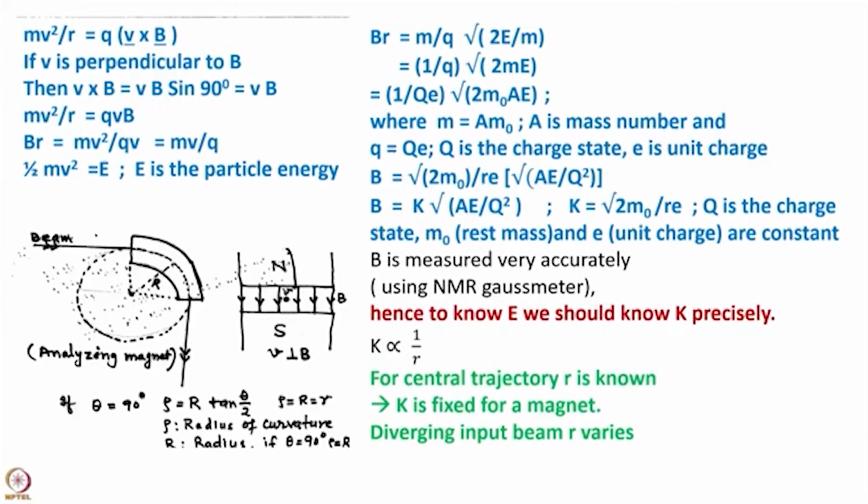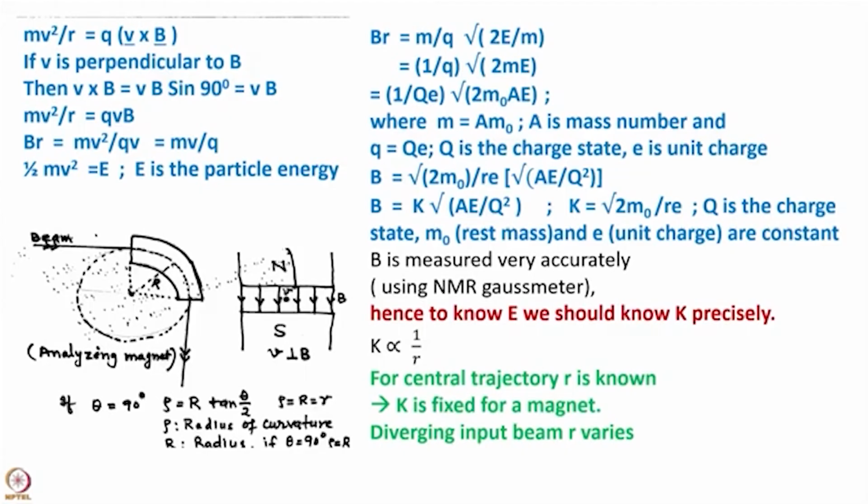So for any accelerator, the magnetic field required to bend a beam of energy E, mass number A and charge state Q is given by this expression. This is a fundamental equation. For any accelerator magnet, what we give is the K value.